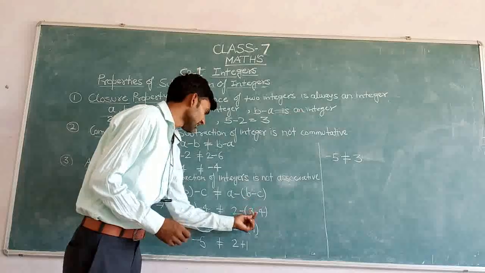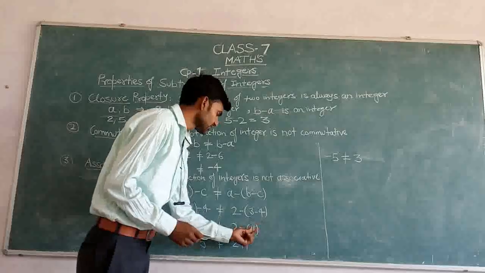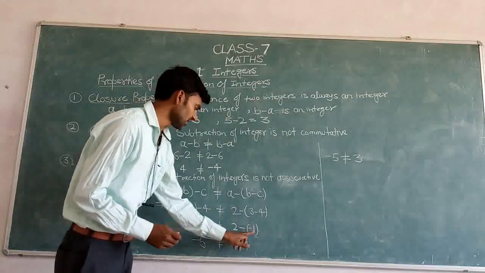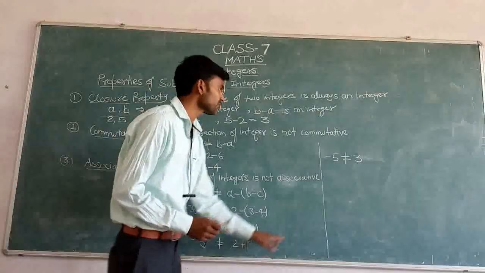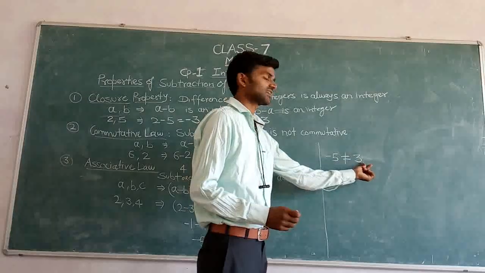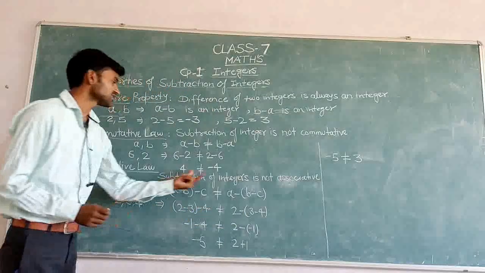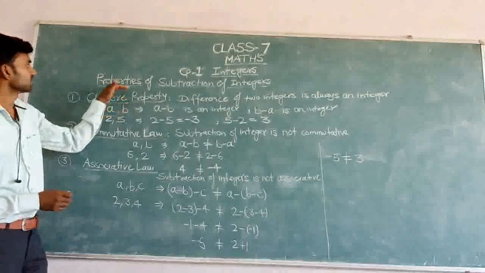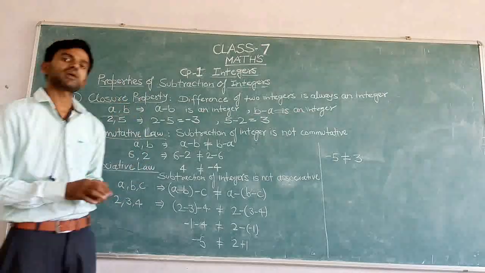And when we subtract 4 from 3, we get minus 1, and 2 minus minus 1, minus minus becomes plus, so 2 plus 1 is 3. Means left hand side and right hand side are different. So, subtraction of integers is not associative. These are the three properties of subtraction of integers.